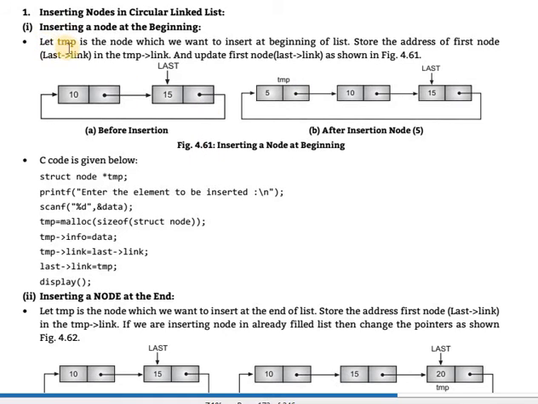Okay, let temp be the node which we want to insert at the beginning of the list. Store the address of the first node, that is, last's link is temp's link, and update the first node as last's link as shown in the below figure.